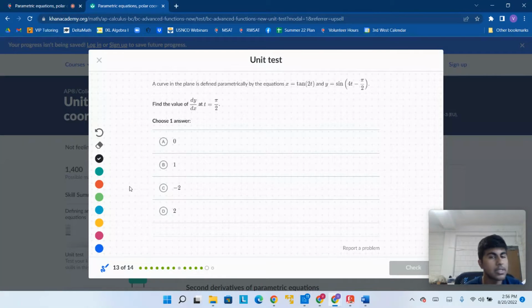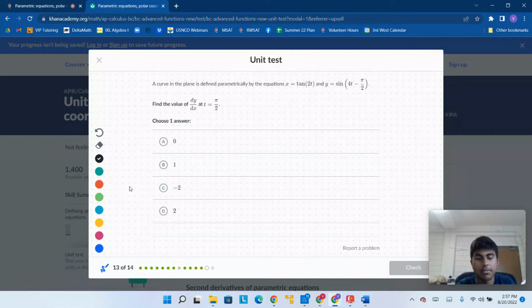A curve in the plane is defined parametrically by the equations x equals tan 2t and y equals sine 4t minus pi over 2. Find the value of dy dx at t equals pi over 2. All right, so this, we can just take our calculator out and plug in the equations. Tan 2t, we're still in radian mode, right?